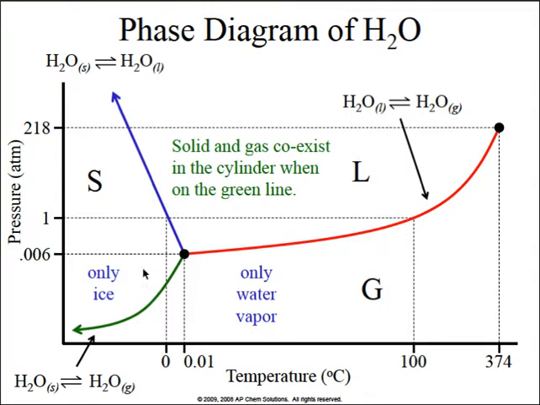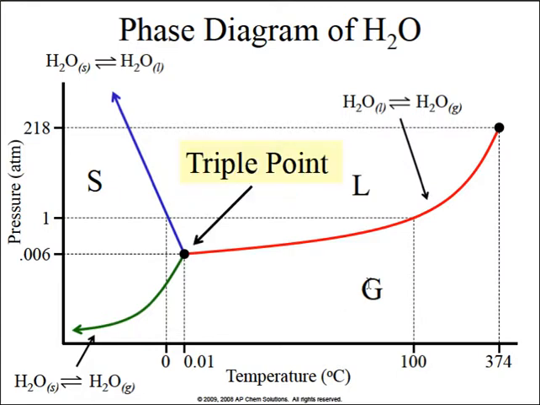Now, this line separates the solid from the gas. We have three phases, right? Solid, liquid, gas. So here's a line that goes from a solid to a gas. If you're here, you have a gas. Here, you have solids. Here, you have liquid. Now, this point right there is called a triple point. If you are at this point, then all three phases of matter exist.